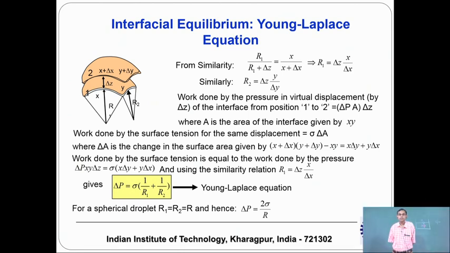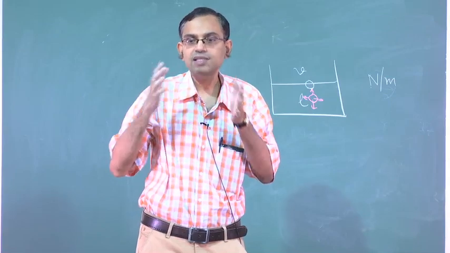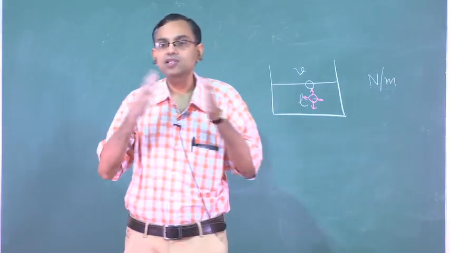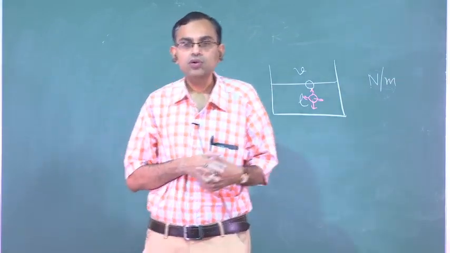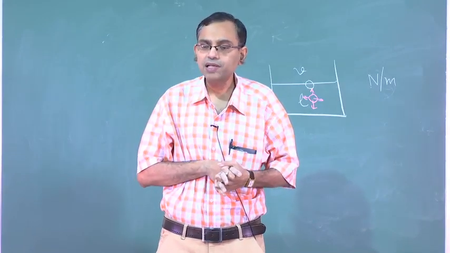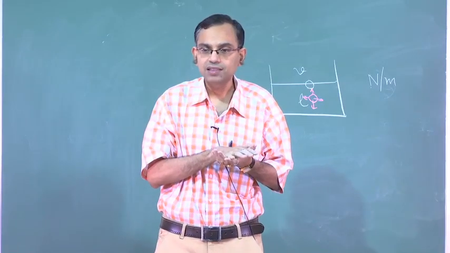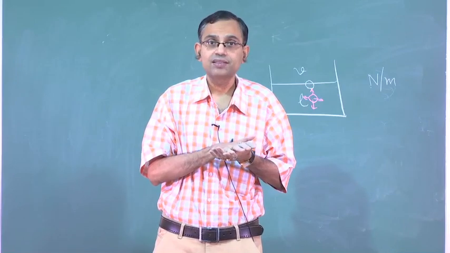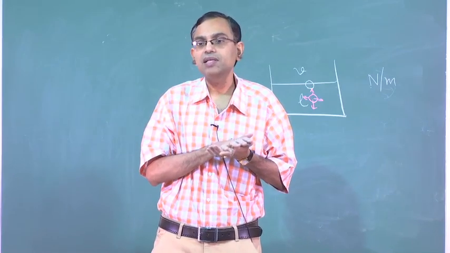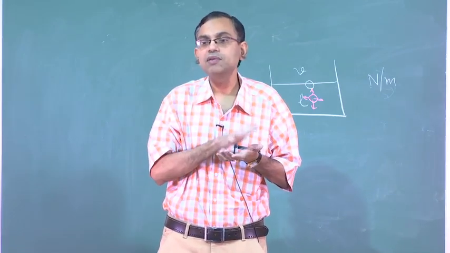This equation essentially relates the pressure difference across the two sides of an interface with the surface tension and the radius of curvature. So, the question is, what will be the pressure difference if the interface is flat? If the interface is flat, then the radius of curvature is infinity.